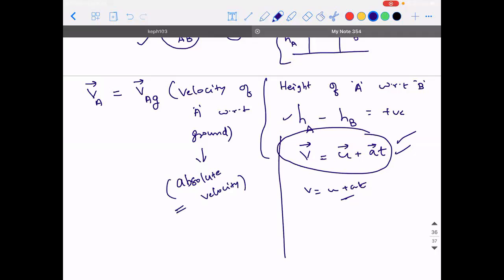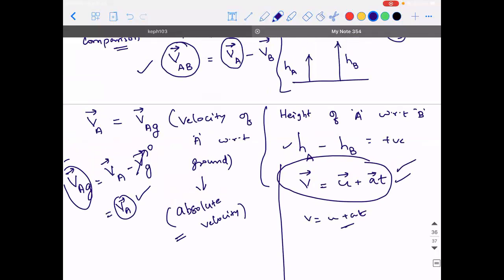The reason is very simple. If I ask you what is the velocity of A with respect to G, then according to the formula, you should write it as velocity of A minus velocity of G. Though we know the fact that Earth is revolving and all those things, the speed at which it is revolving is generally considered to be very less. Hence, the value of Vg is taken to be approximately 0, and we will get the value of Vag as VA.